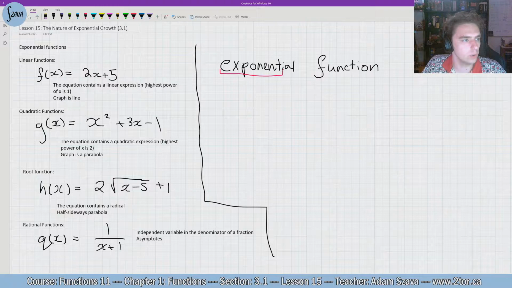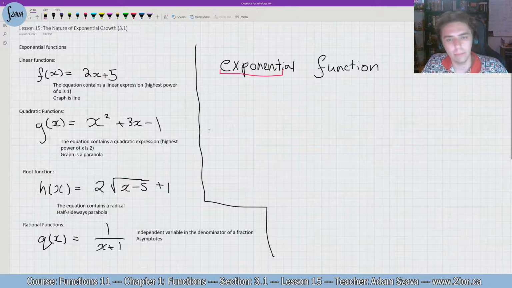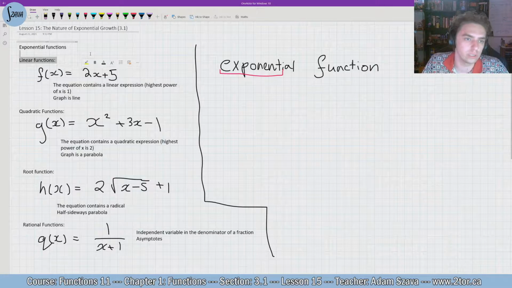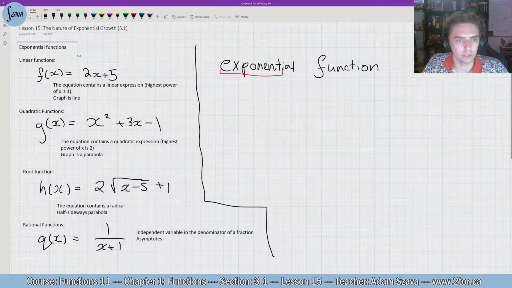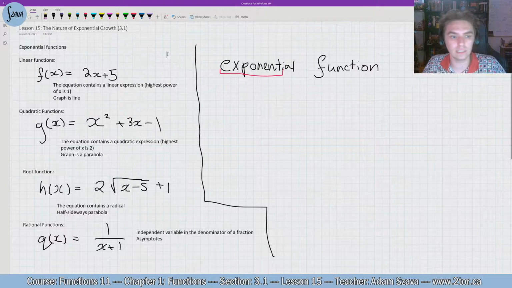I think we're ready to start talking about what this stuff is, just a little introduction. But I just want to mention that exponential functions are used a whole bunch. All these functions are used in math obviously, but if you're interested in engineering or other sciences, knowing how to work with functions is essentially the basis of a lot of research.